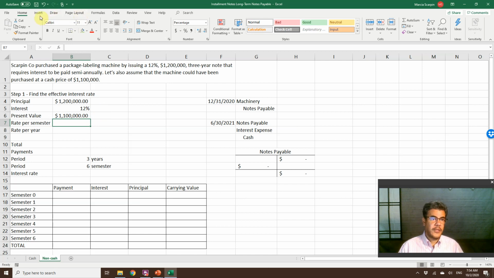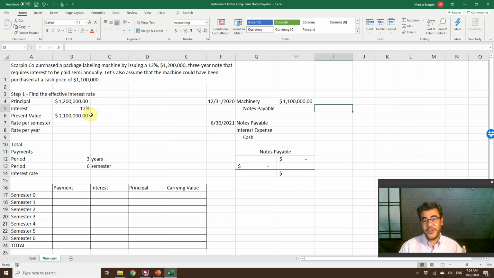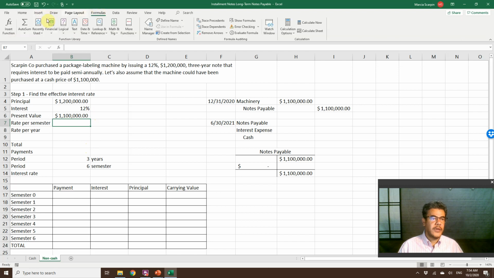So let's find it. And then our machinery will be the present value, not the face value. And the note payable will also be $1.1 million here. Rate per semester. Let's do it. Formulas.